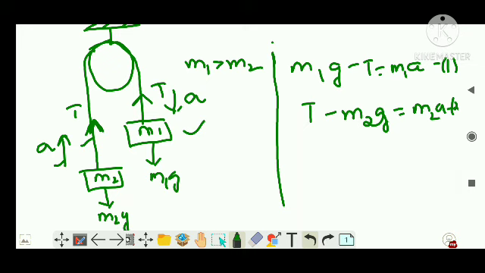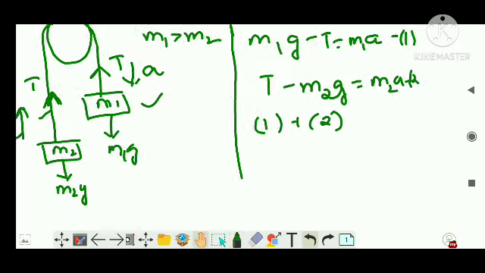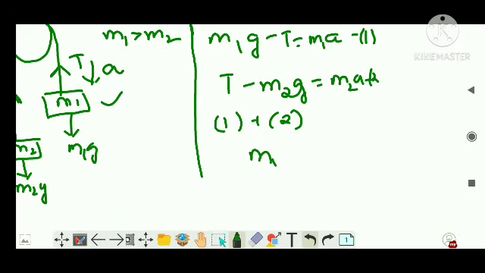Now add the first and second equations. You will get m1g minus m2g, since T cancels off, is equal to A into m1 plus m2.